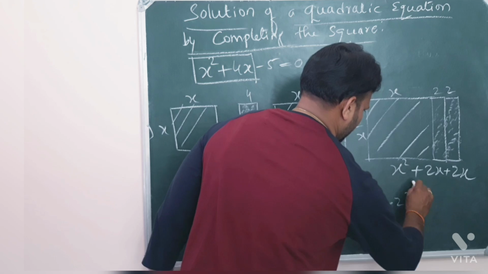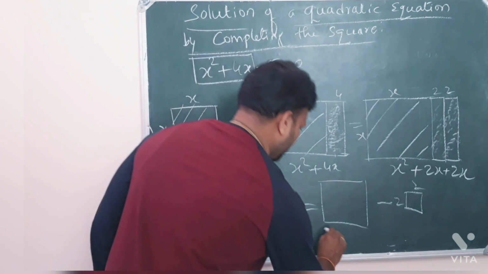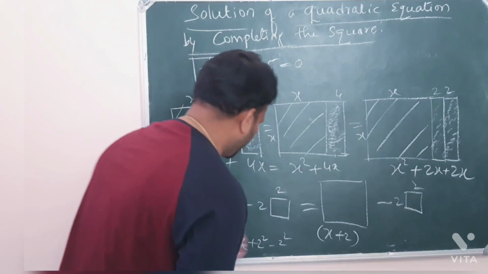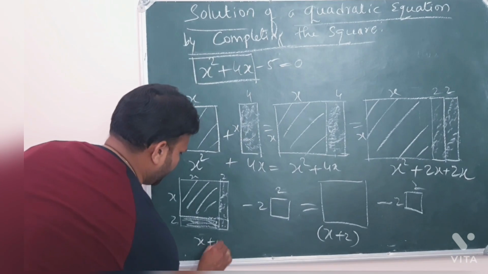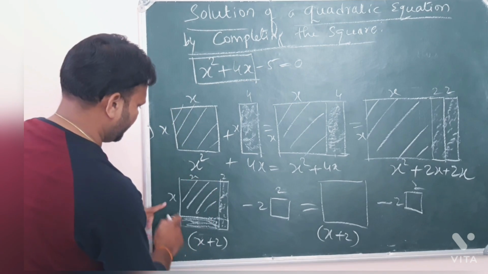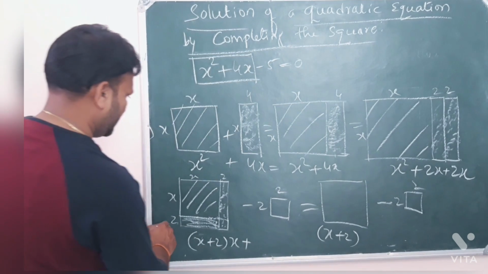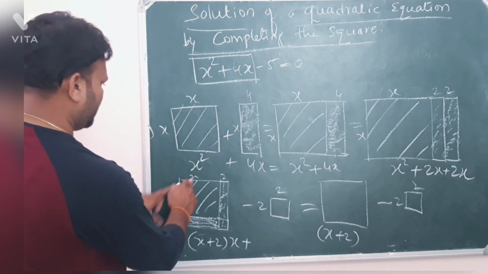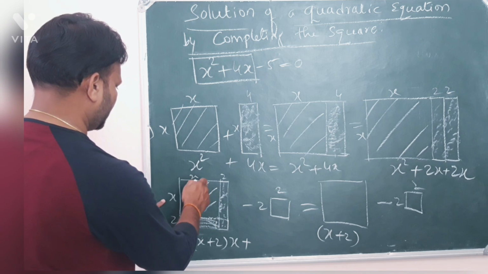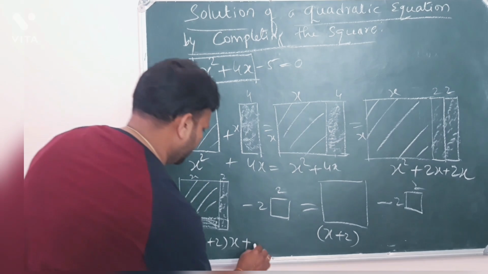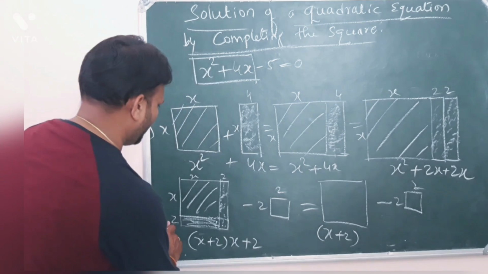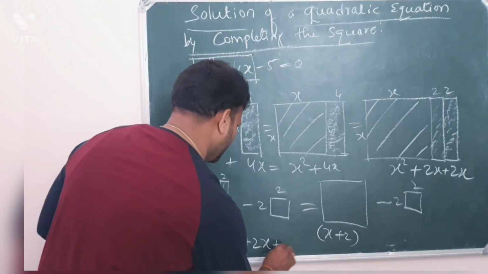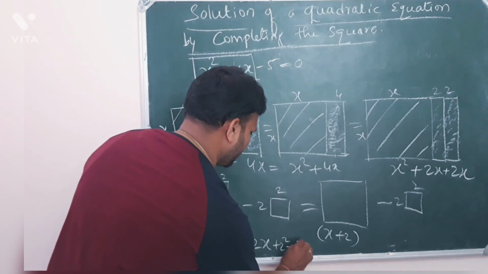Minus 2 square. I will write (x plus 2). Even you can write it like this: x plus 2 into x plus 2x, 2 into x, 2x plus 2 square, this one minus 2 square.